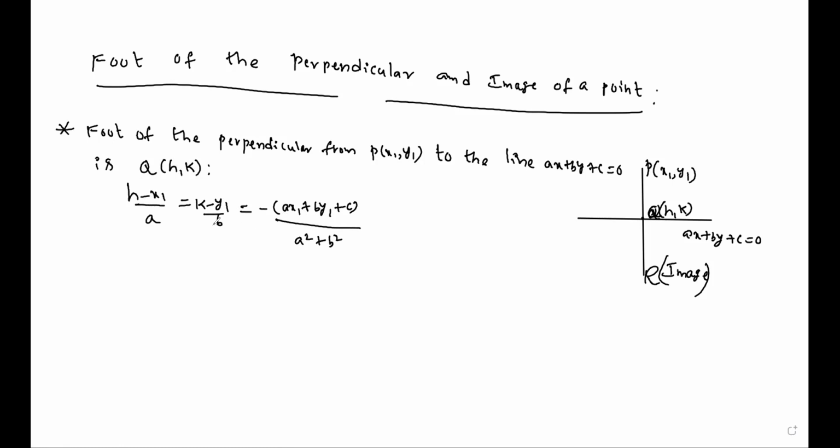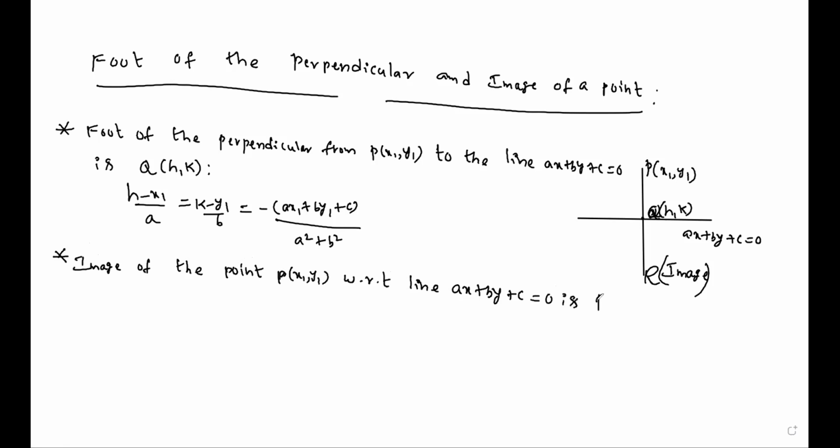Now similarly we can find another formula, that is the image. What is the image we took in the diagram? R is the image point, that is the image of the point P (x1 comma y1) with respect to the line. That line equation is ax plus by plus c equal to 0.